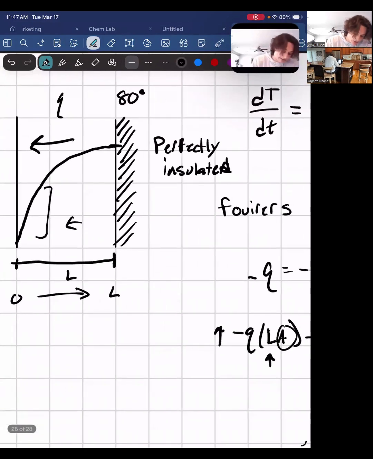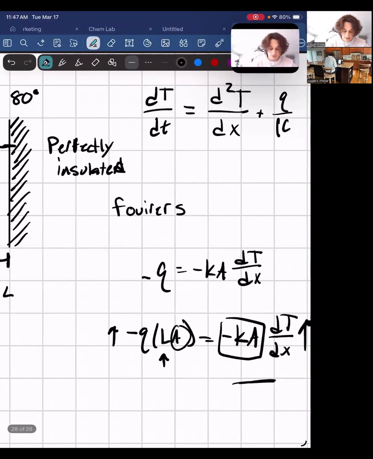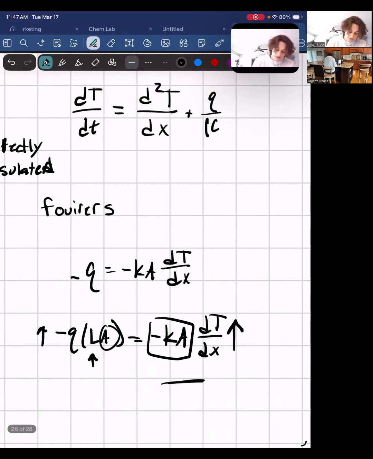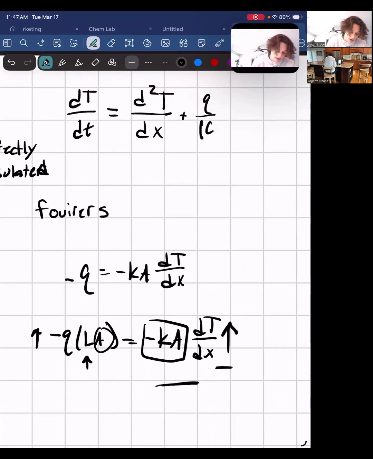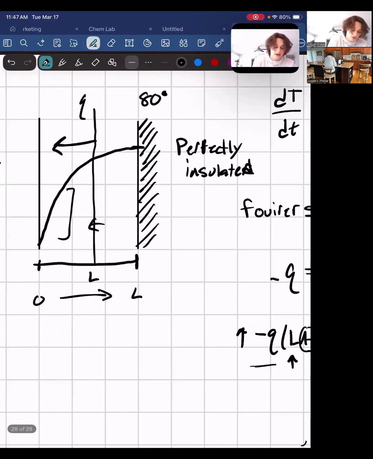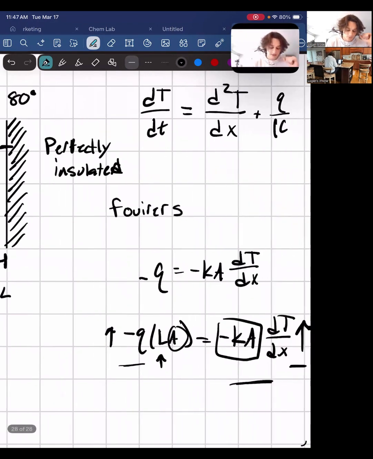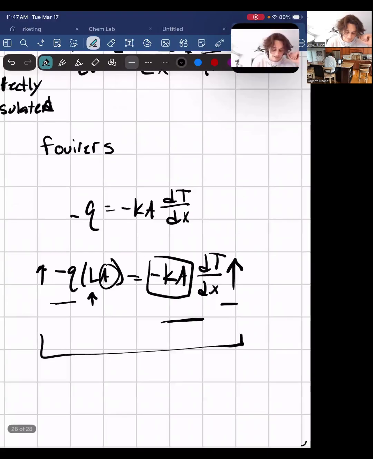So as you move along, it's going to be a smaller and smaller L, so our slope is going to be smaller and smaller, right? So this increase in slope that is required by the increase in our negative q is the reason for our slope becoming so steep at the end of this tube here, right? So we started at our 0, and as our q increases, our slope has to increase to keep this equation balanced, right?